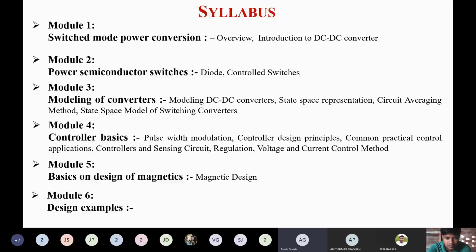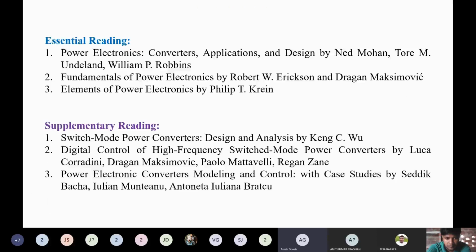I think this is the basic idea of our syllabus, and then you can go for some reference studies. What are the most important books you need to follow for the subject? You can follow different standard books. Normally we follow Power Electronics and Applications Design by Ned Mohan and William E. Robbins.